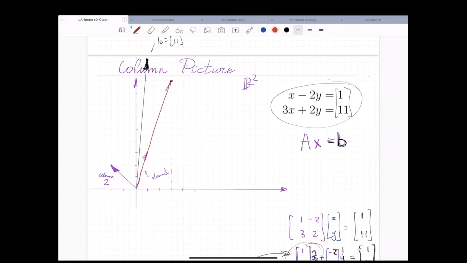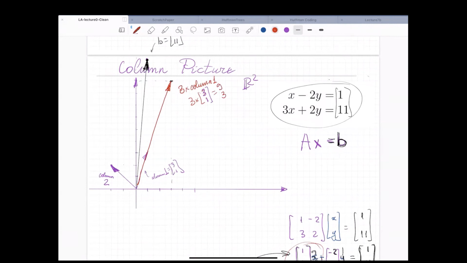The red vector is going to be 3 times column 1, which is 3 times the vector, and that's going to be 3, 9.